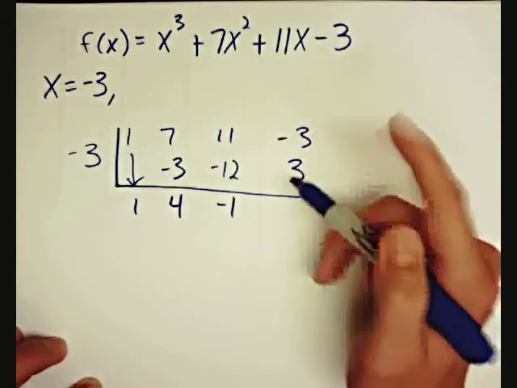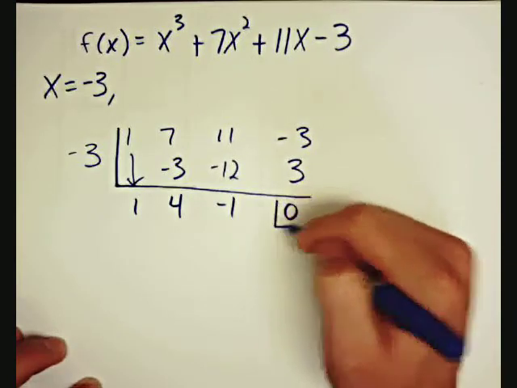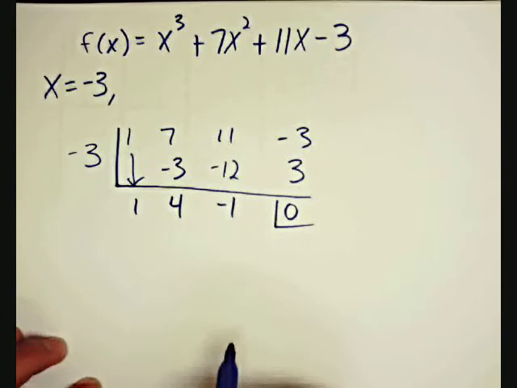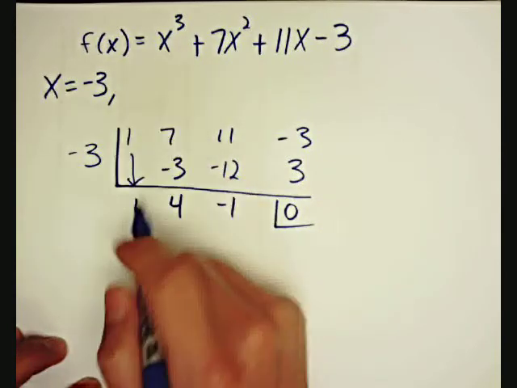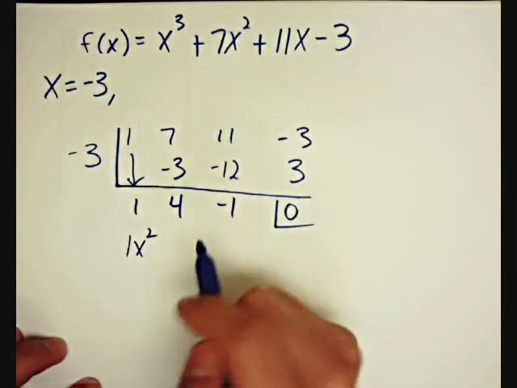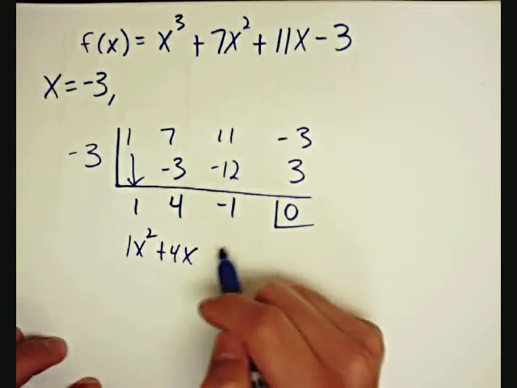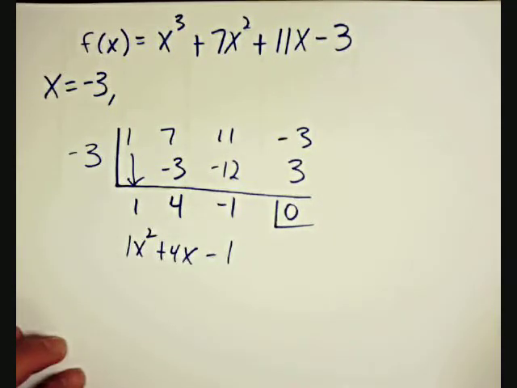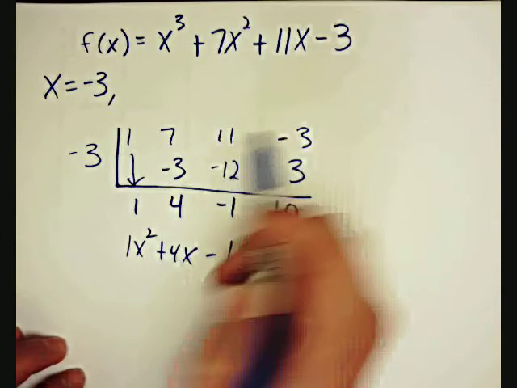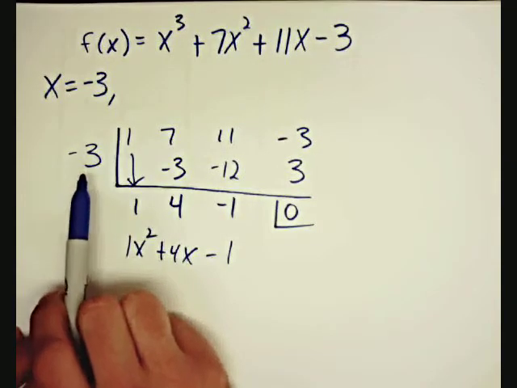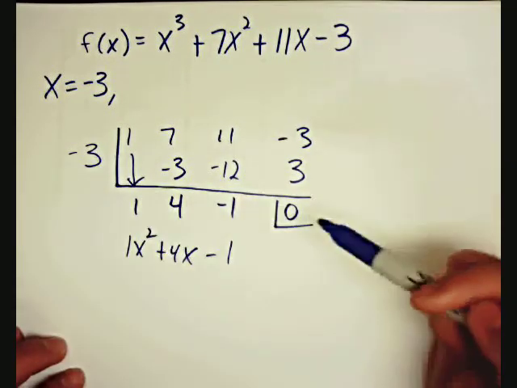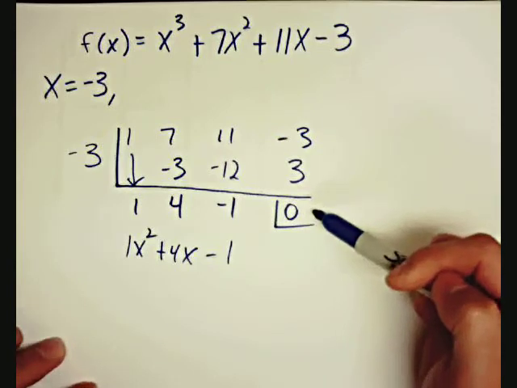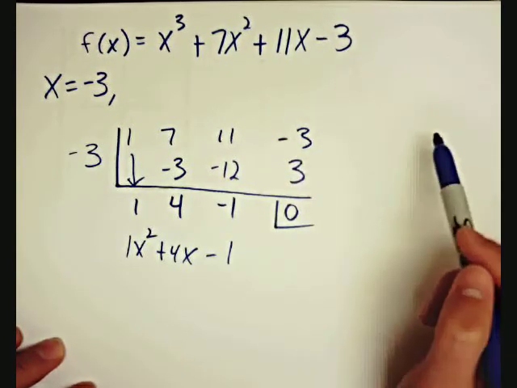And -3 plus 3 is 0. Okay, we started with x cubed, so this will be 1x squared plus 4x minus 1. Since you confirmed on your calculator that -3 is an x-intercept, that means you'd have to get 0 as your remainder, otherwise something did not go right.